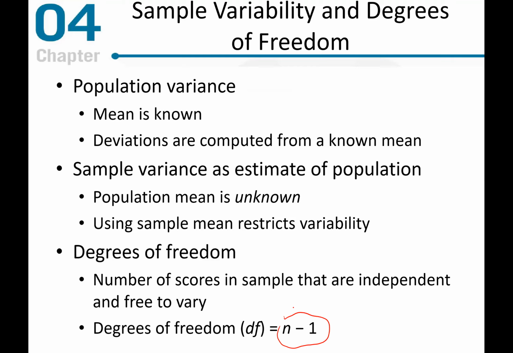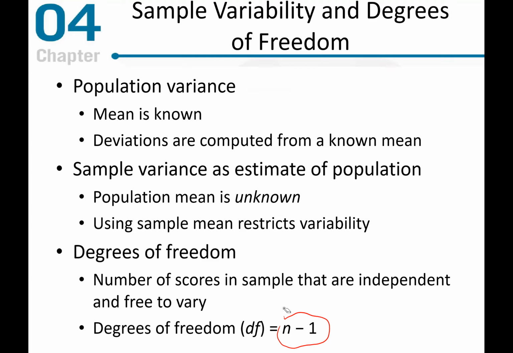So with the sample, the value again of the population mean is unknown, and you must measure distances from the sample mean. But because the value of the sample mean varies from one sample to another, right, you must first compute the sample mean before you can begin to compute the deviations. However, calculating the value of the sample mean is going to place what is known as a restriction on the variability of the scores in the sample.